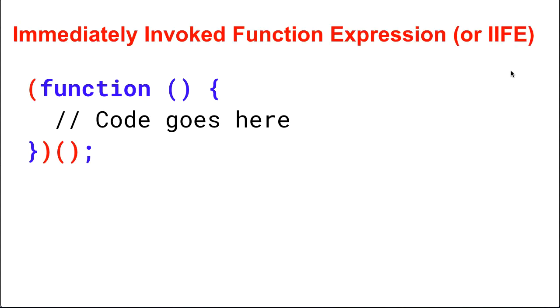So in an immediately invoked function expression, in the text and everything, I'm just going to shorten it to IIFE from now on. What we do is we have these parentheses that go around the function, and then two more at the end that contain the arguments or parameters.